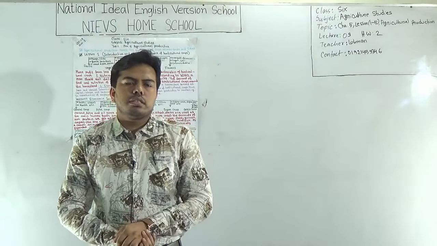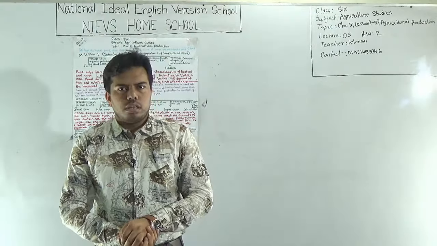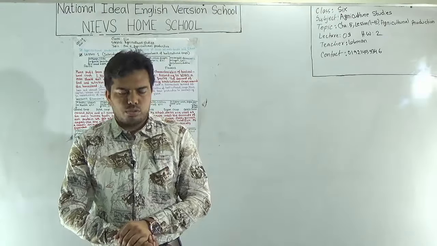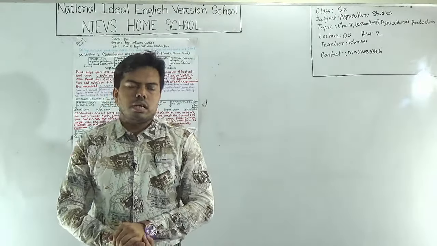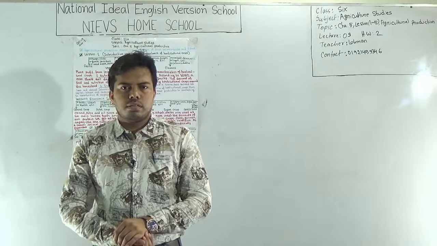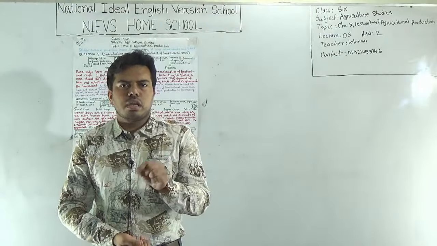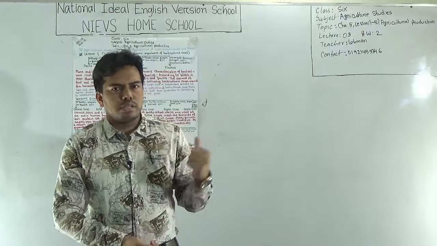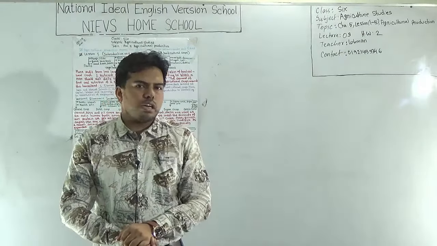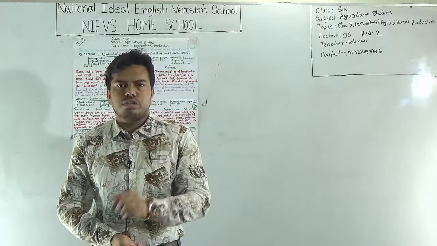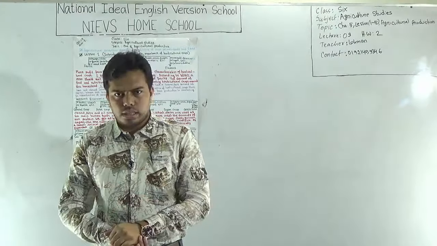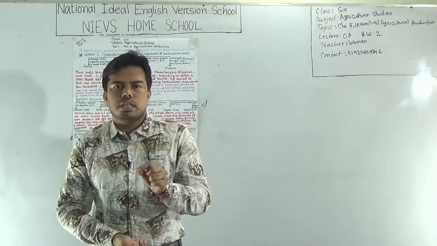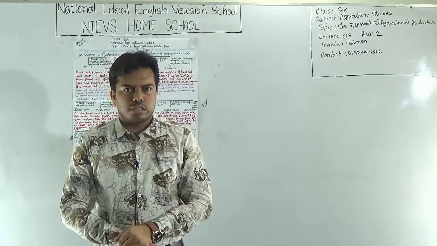In this chapter, it has been discussed about agricultural production. So what is agricultural production? Agricultural production means the production of crops, animals, birds and fishes. In lesson 1, it has been discussed about the horticultural crops and its categories and characteristics, and finally economic importance of horticultural crops.